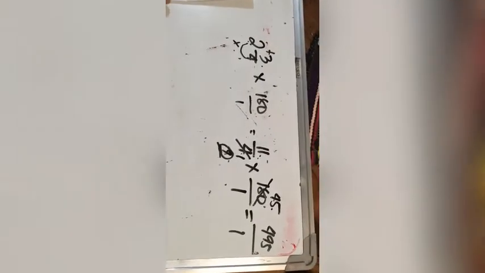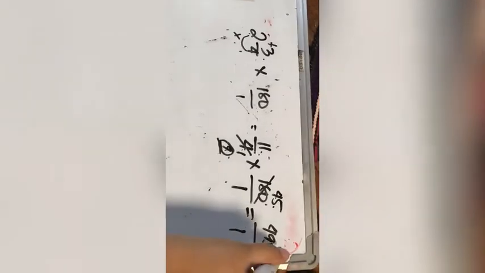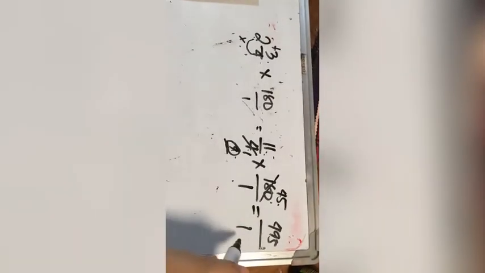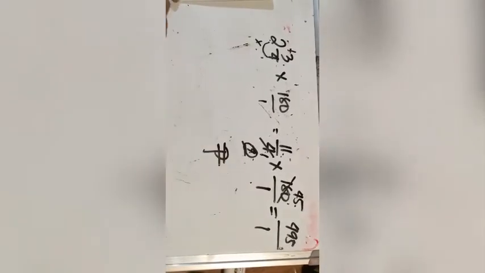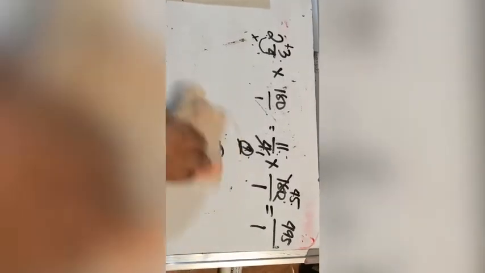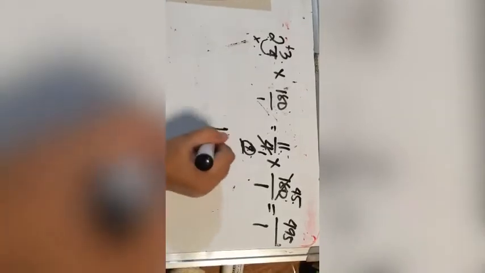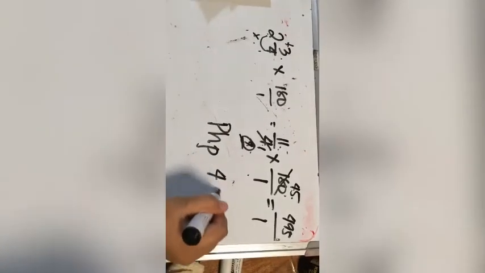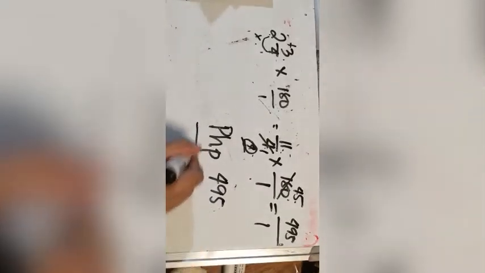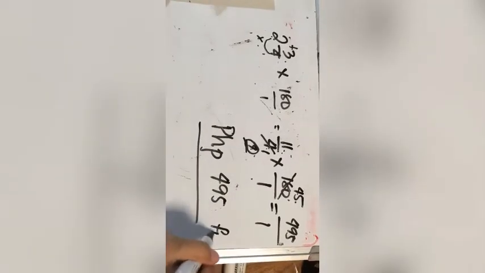Remember, we are asking about money. So, this 495 divided by 1, it will give you the peso sign. That's not the peso sign anymore, this is the new one, PHP. So, the answer is 495 pesos. This is only for the fish.